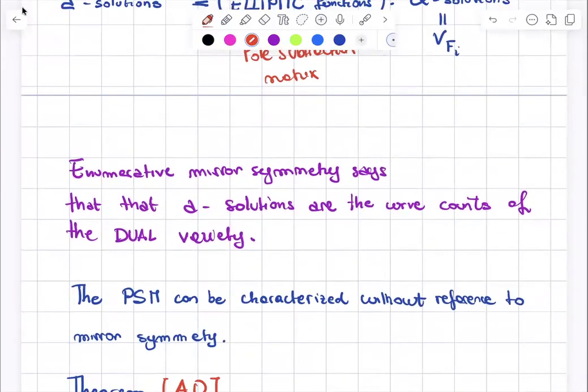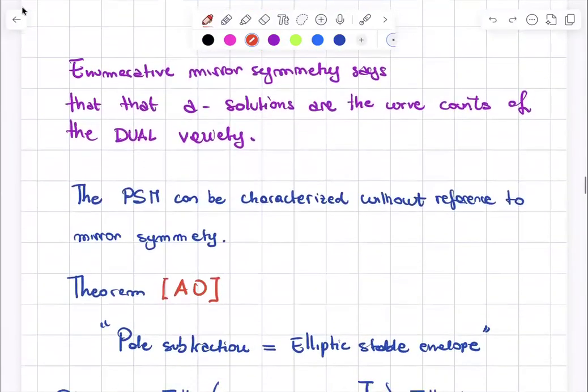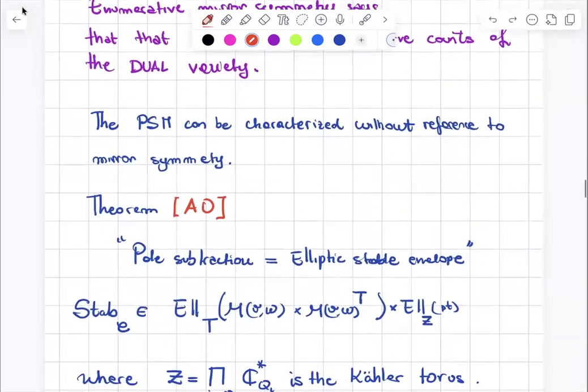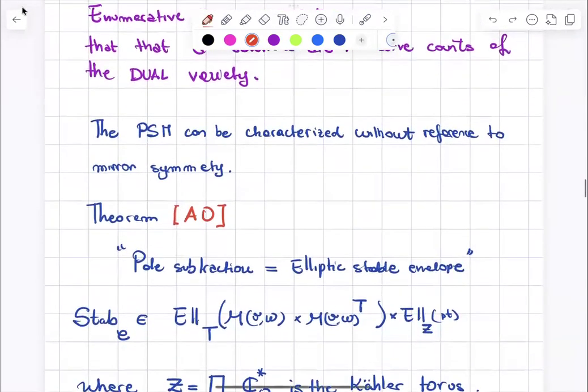It can be characterized without reference to mirror symmetry, and this is what has been done in the important work of Aganagic and Okounkov, where this pole subtraction matrix is characterized as the elliptic stable envelope.